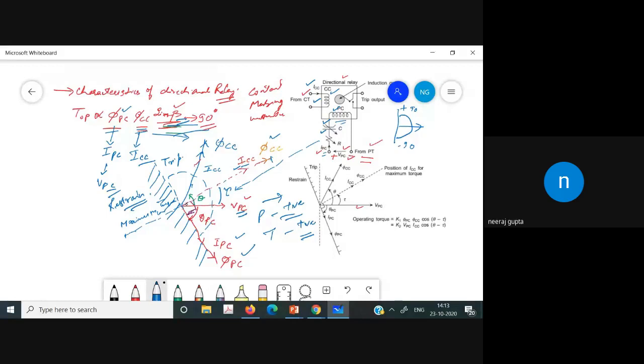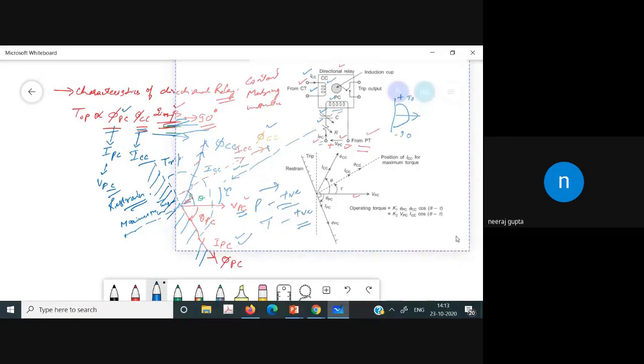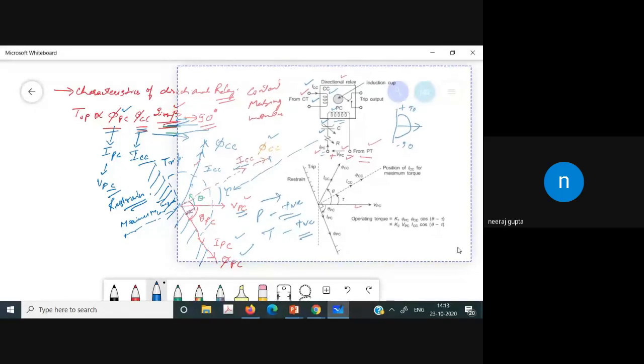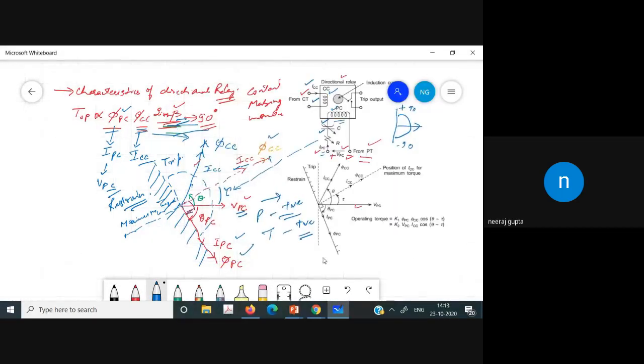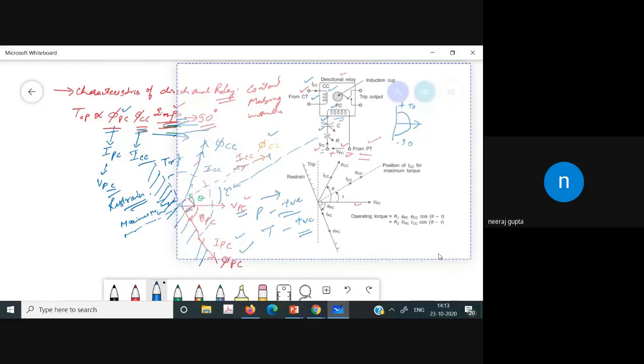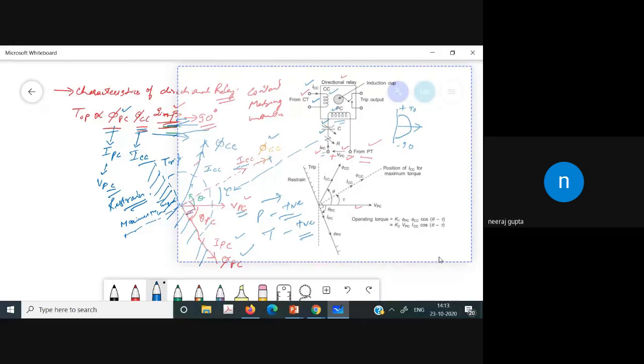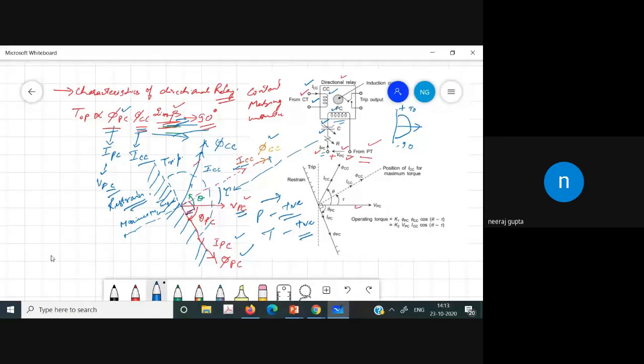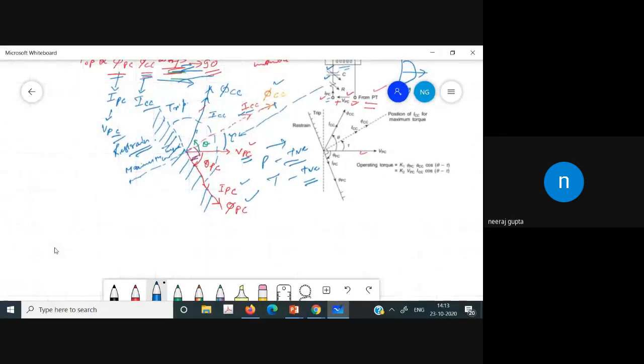The angle between them is known as the angle tau, and the angle tau is called the maximum torque angle.